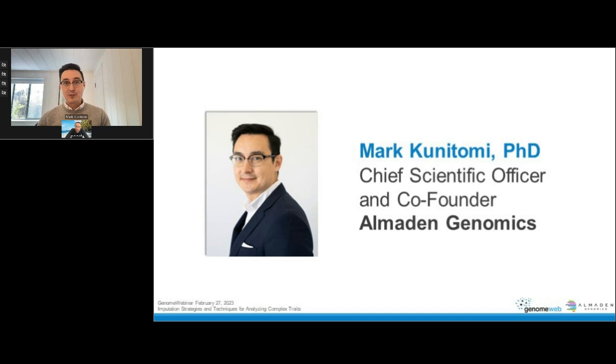And this is really where our platform at Almaden Genomics, Genome, really shines. First and foremost, it's an intuitive drag and drop graphical user interface combined with a curated library of tools and pre-built workflows, which allows you to rapidly collaborate, build, and run bioinformatics pipelines.